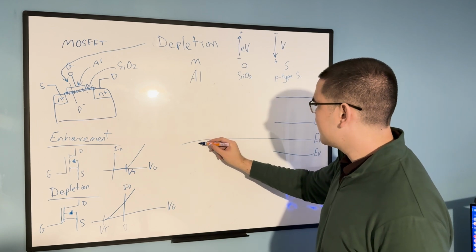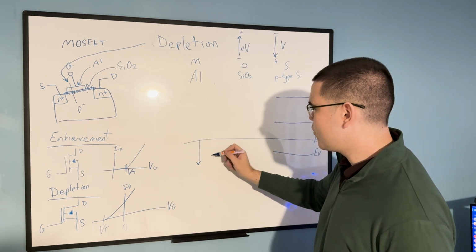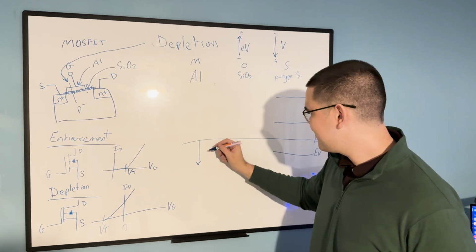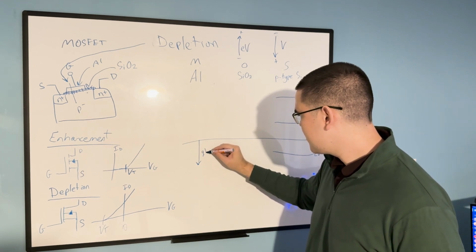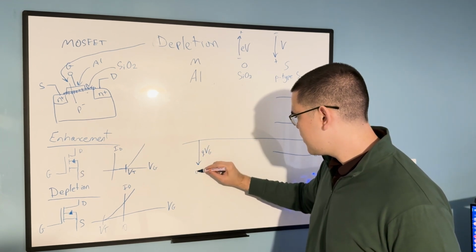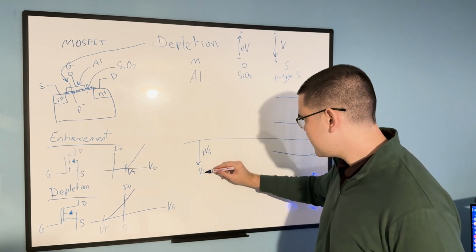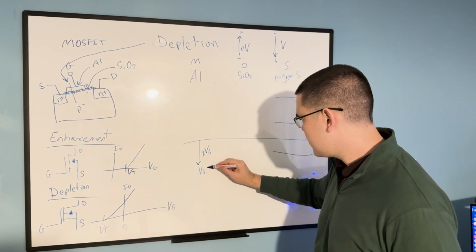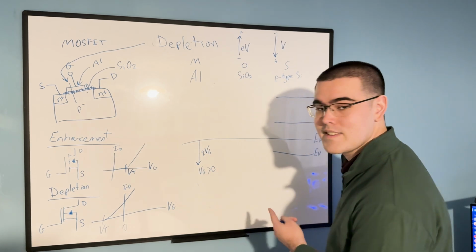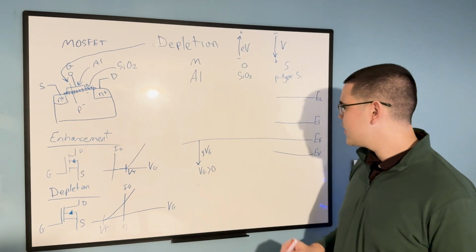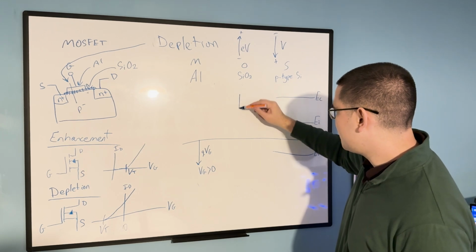So this time, the gate voltage will go down because it's positive. Oops. So the gate voltage is greater than 0. We can make that rule. But now it will bend the other way.